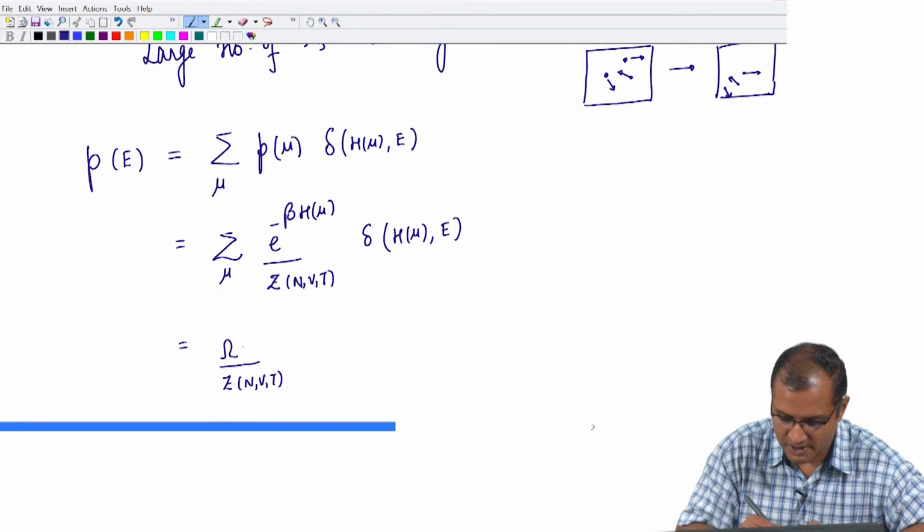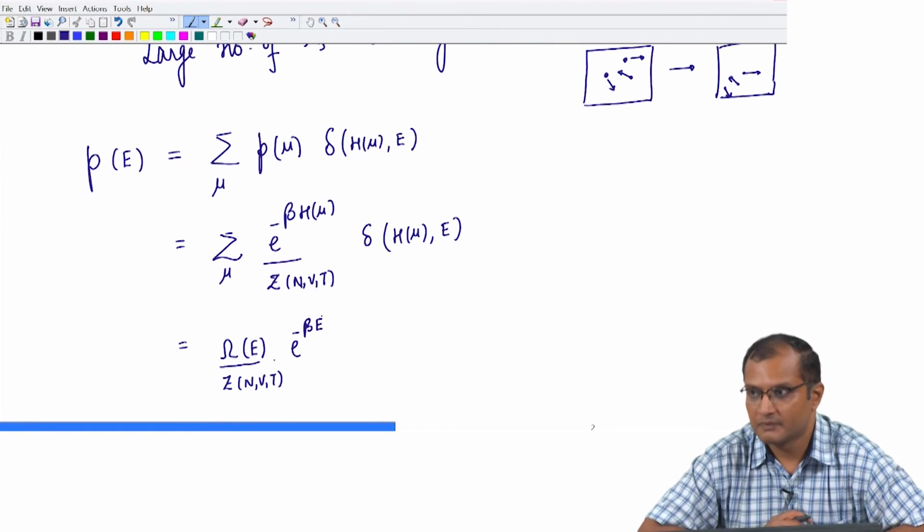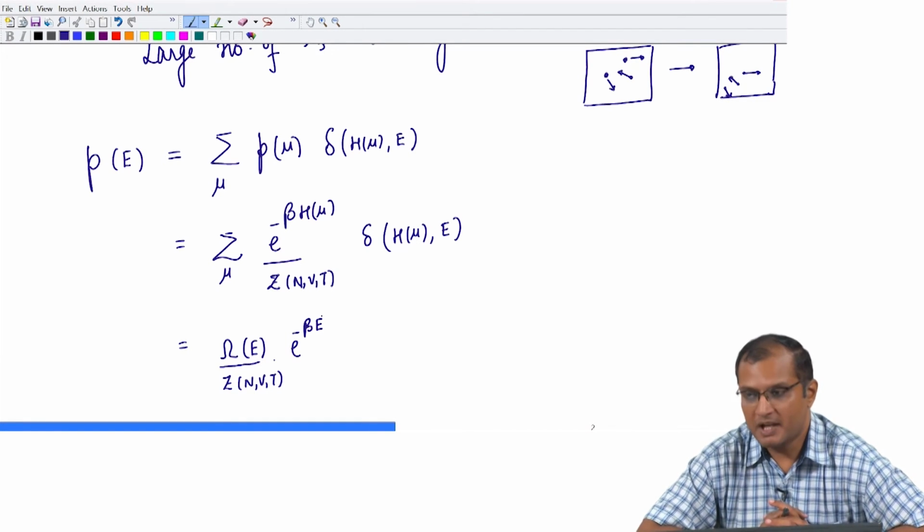So, I am going to say that this is omega with energy E, and e to the power minus beta E. Wherever h mu was E, I picked up a sum and I had to take e raised to minus beta h mu as e raised to minus beta E. How many times I did it? Omega E times.